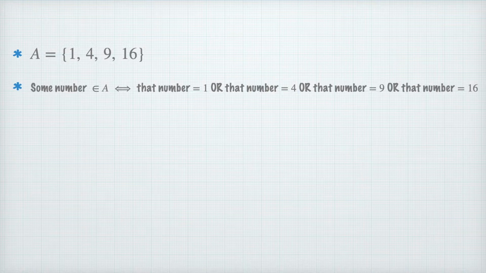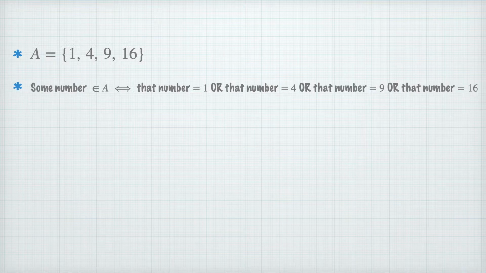And the reason why I did that is because it is sufficient for that number to be any of the numbers 1, 4, 9, 16 in order for the statement some number in A to be true, right? So essentially what some number in A does is it checks if that number is inside of A, and if so, it would be valued at true, and if not, it would be valued at false, right?